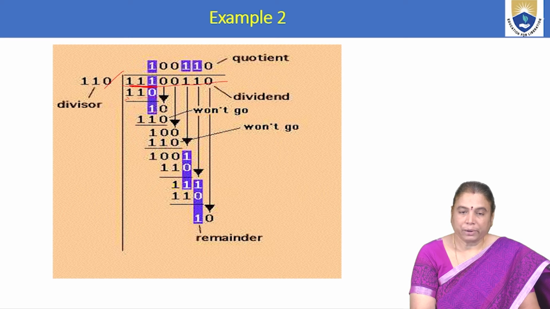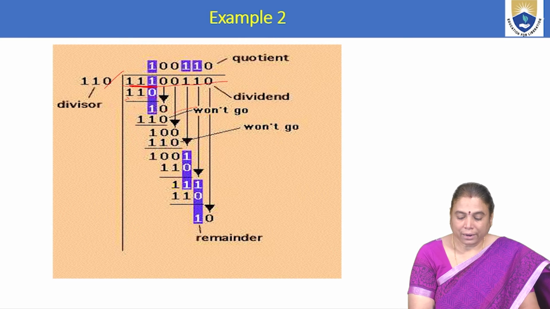Later on, the next bit can be appended to the partial remainder. But here, it won't be greater than the divisor. So the subtraction cannot be done. So again, one more bit can be appended to the partial remainder by writing 0 in the quotient.